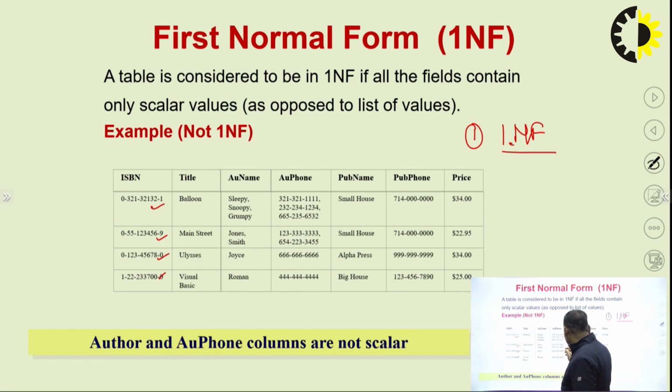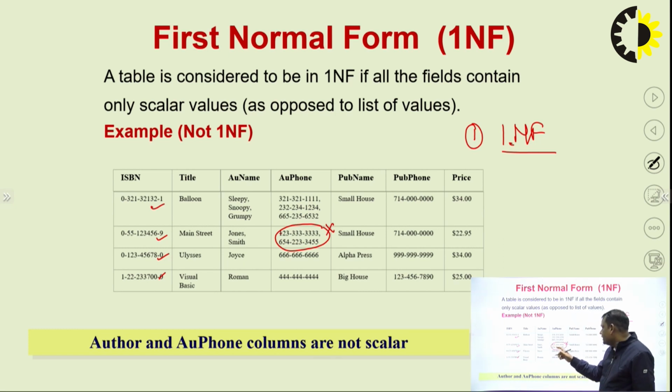Author name and author phone number are not atomic values; they hold a first value and a second value.